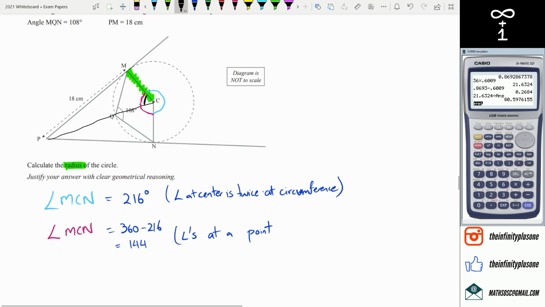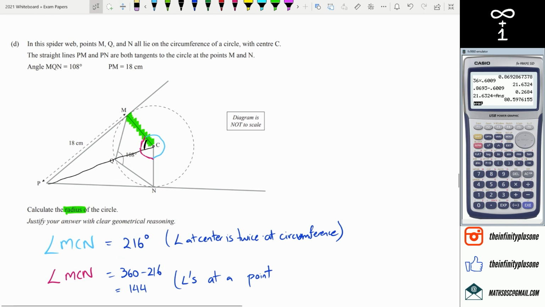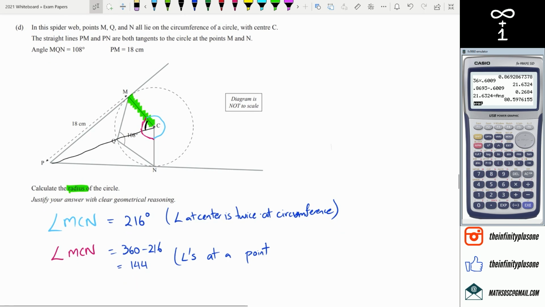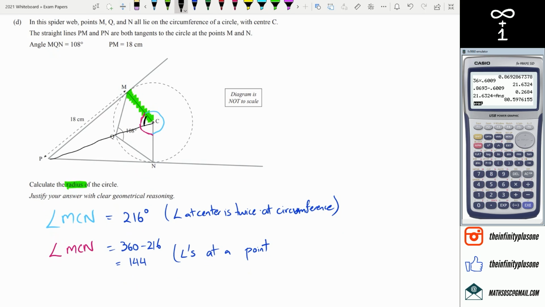Next is working out the black little angle. So the black angle there, I'm going to call it angle MCQ. MCQ is equal to 72 degrees.